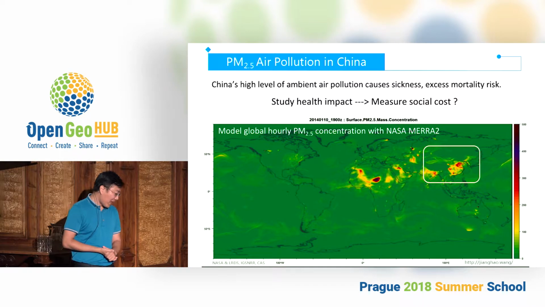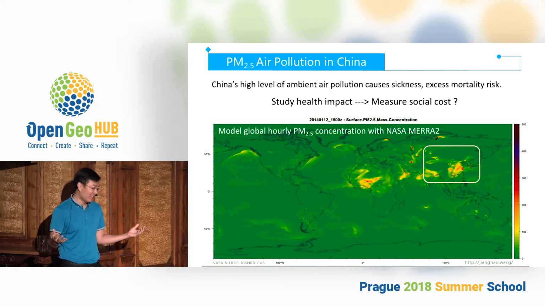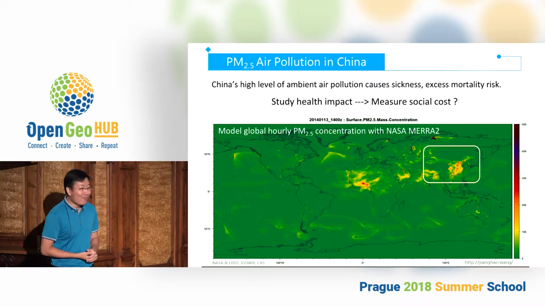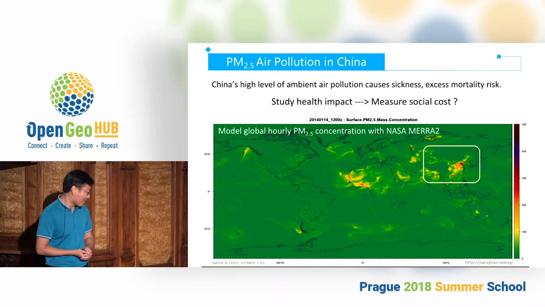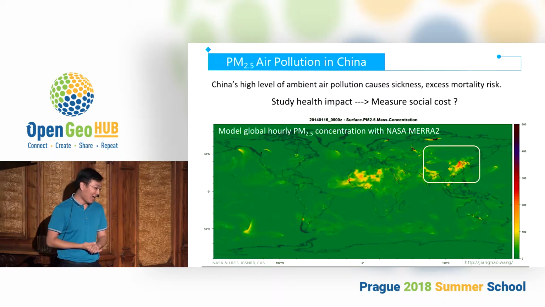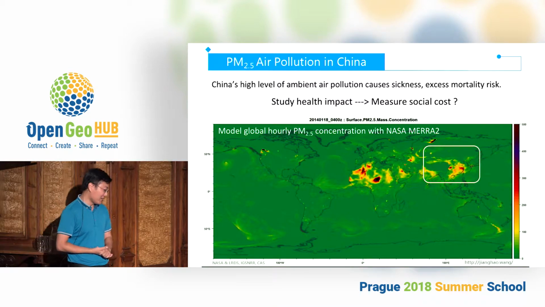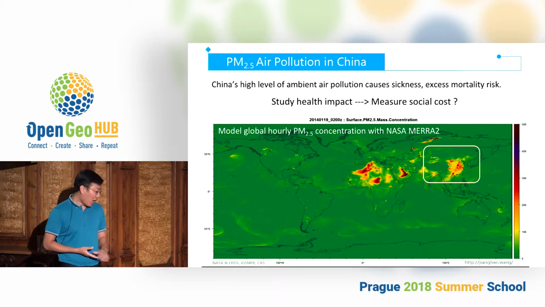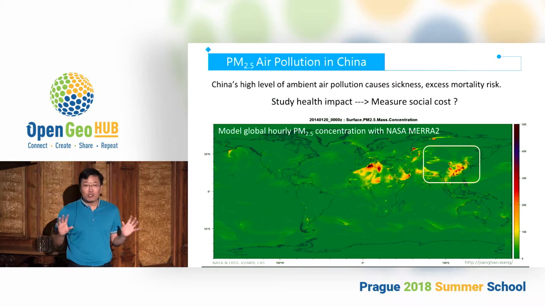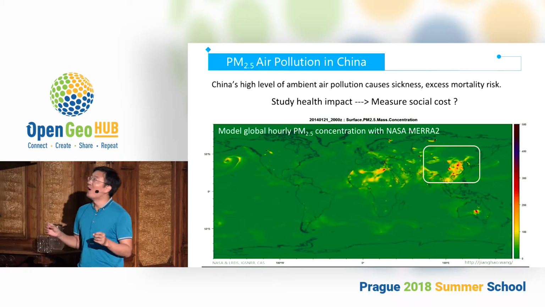Most current plans care about air pollution and health impact. Air pollution may also affect citizens' happiness and lower working efficiency. How to measure the social cost of air pollution is the question we want to answer.